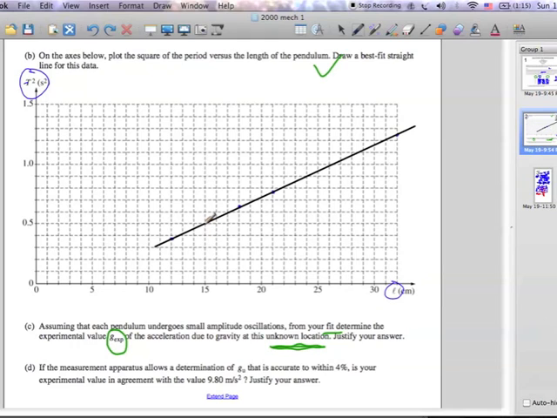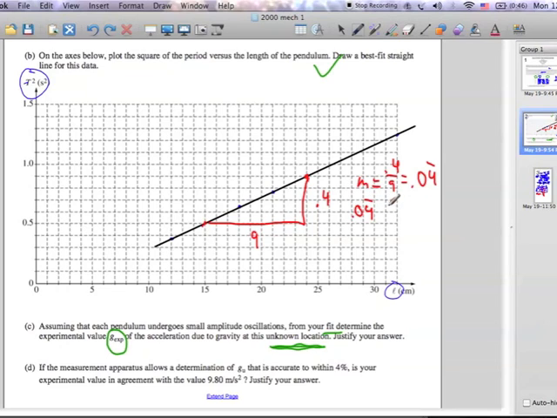And so when we find the slope here, we can do that now. So here's a point, an easy one, and up here looks like another. This is up 0.4, and this is over 9. So the slope would be m equals rise over run, 0.4 over 9, equals 0.04 continuous.